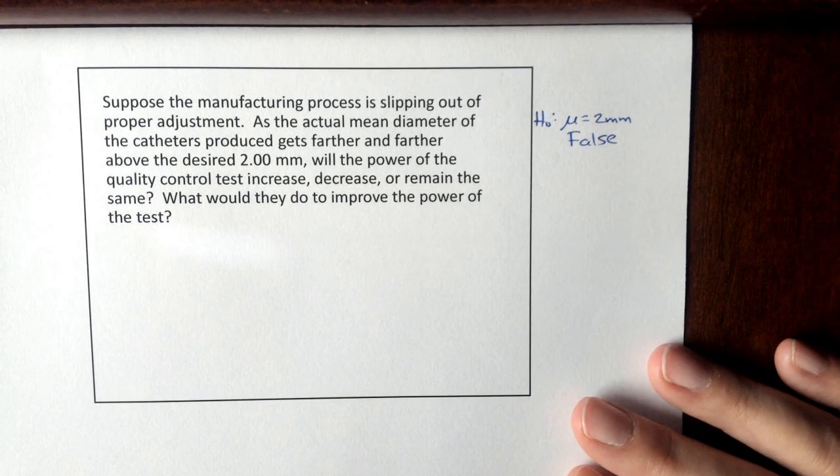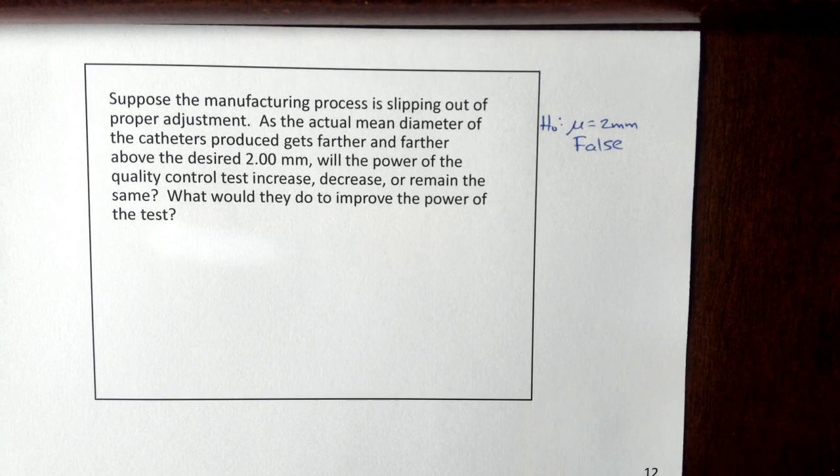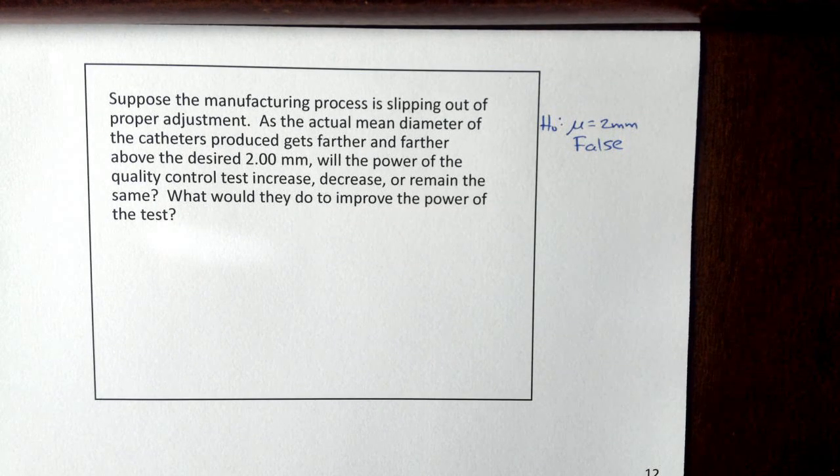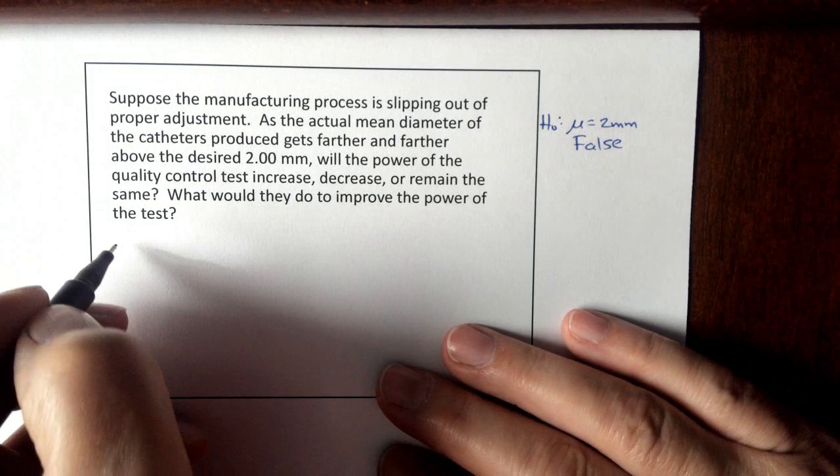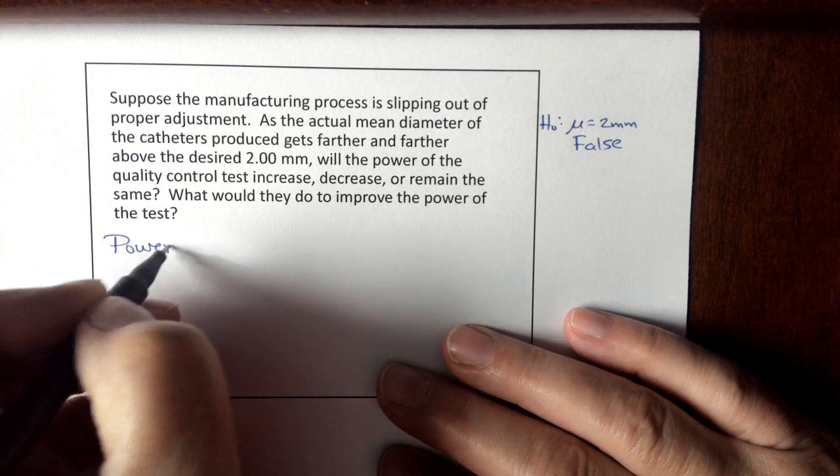Okay, so if they're actually slipping out of alignment, then that means when the quality control personnel is testing samples of product, there will be bad product in the sample, more bad product in the sample than there normally is. So that means your personnel should be more likely to catch mistakes because you have more mistakes. So power should increase.